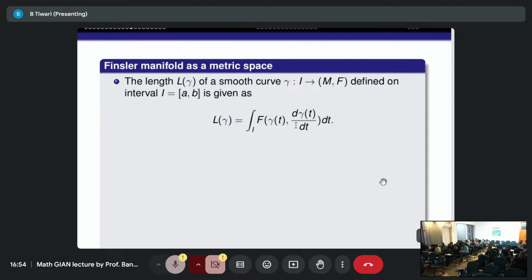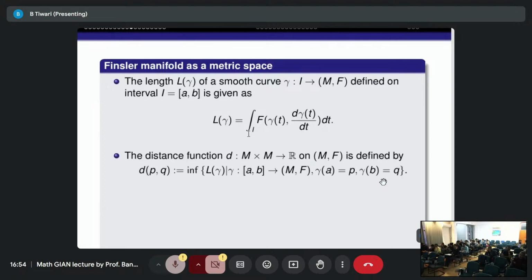You measure the speed, which is the norm of the velocity vector, and you integrate to get the length of this curve. And once you can measure the length of piecewise smooth curves, you can define the distance function. The distance is the infimum of the lengths of piecewise smooth curves joining the two points.